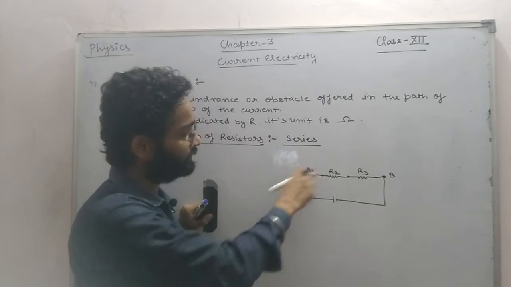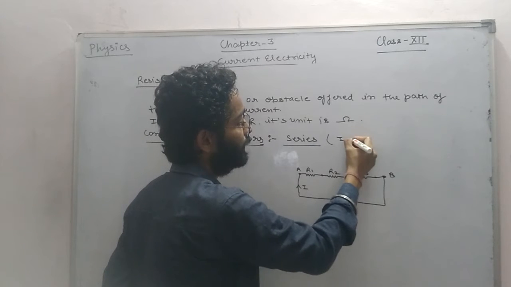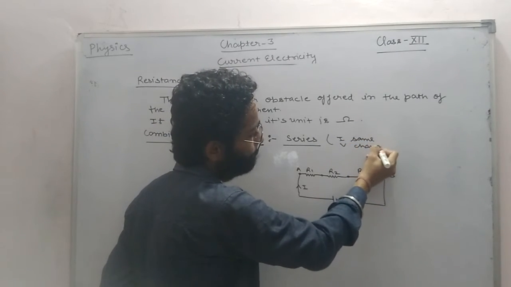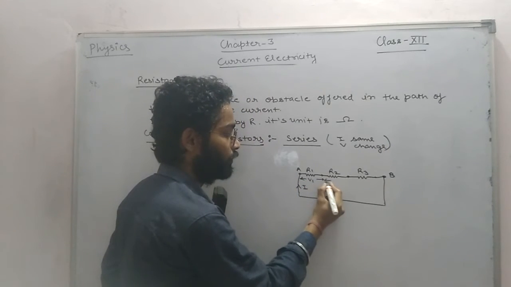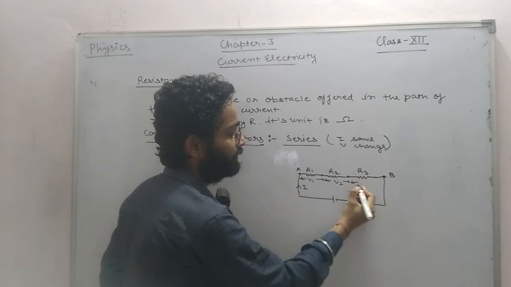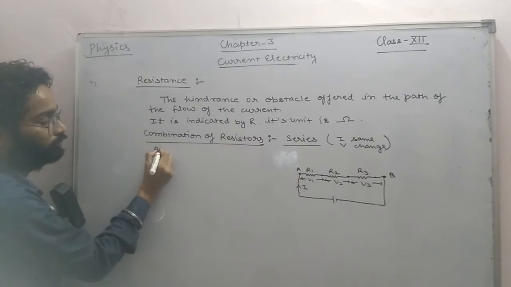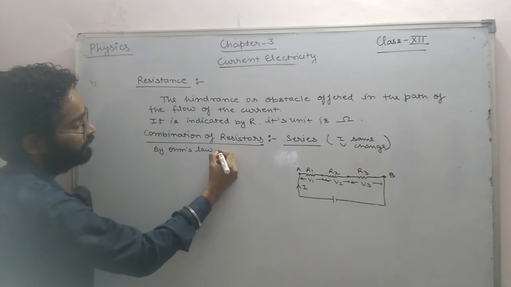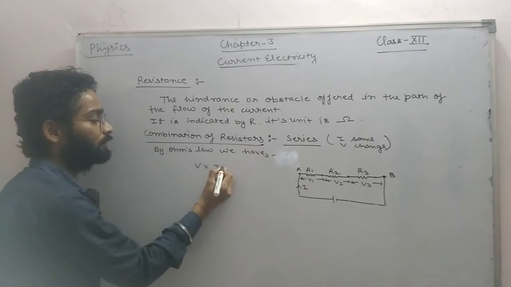The current flowing in series would be the same. Remember this, in series I would be the same, I same, V change. So for R1 it is V1, for R2 it is V2, and for R3 we are taking it V3. By Ohm's law, we have V is equal to IR.